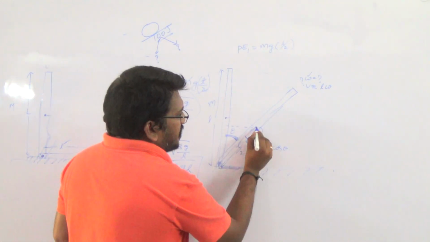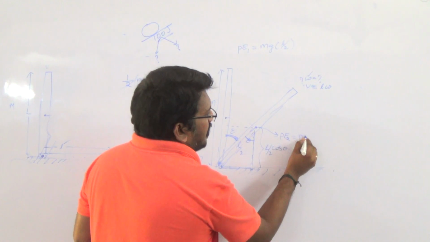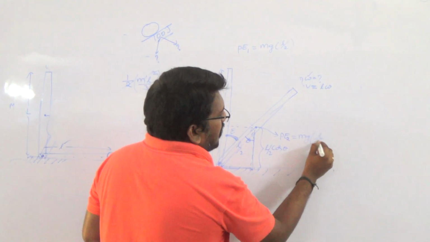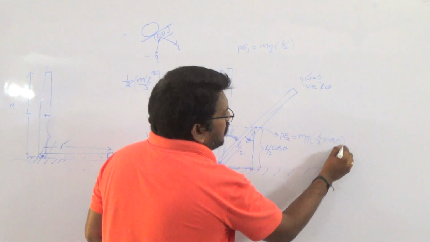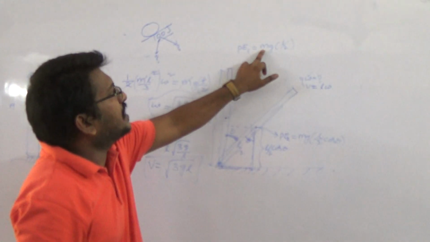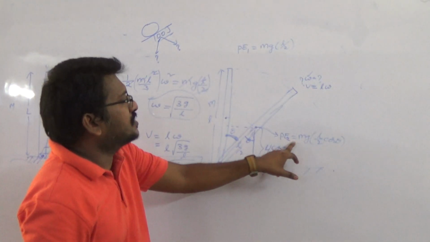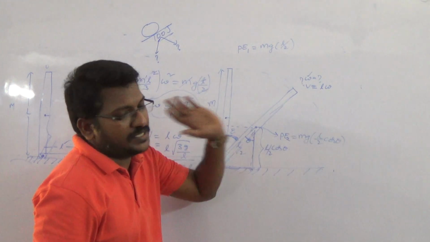So now the potential energy of this rod in this situation, PE2, I am taking as mg h, where h means L by 2 cos theta. When the rod is displaced from here to here, initially the potential energy is mg of L by 2. And finally at this position the potential energy of the rod is mg of L by 2 cos theta.